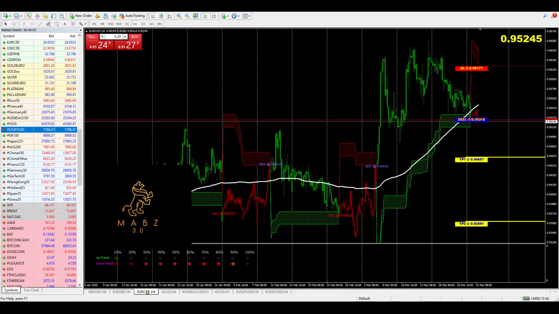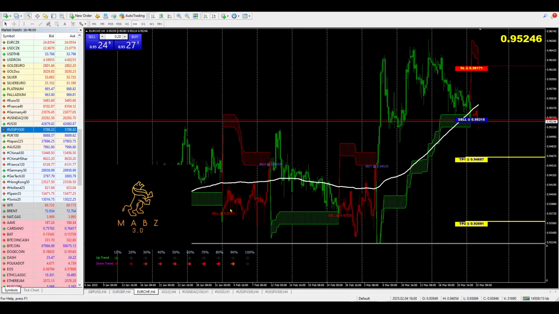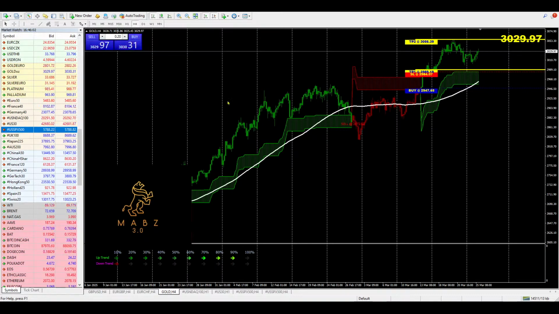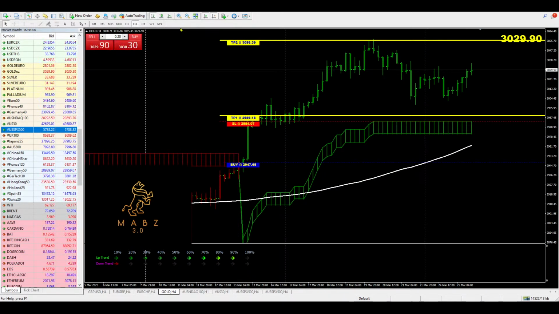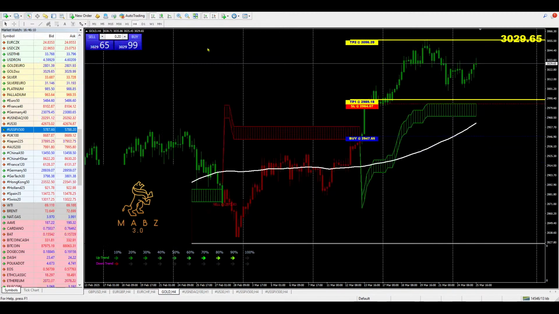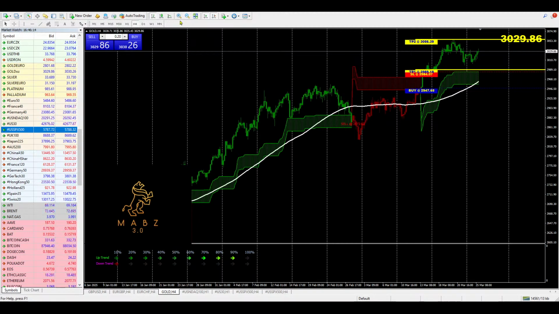I've got another sell on Euro CHF, but because of the spread, I'm not going to trade this one. I'm just going to eliminate it. I've got a potential buy on gold, but the problem with gold is the pip value. It's kind of in a range right now.